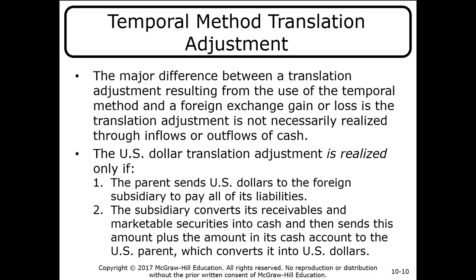So the major issue with that is that there's a translation adjustment required, and that is reported. It's not taken to the income statement. It is reported in the stockholders' equity as a section there.